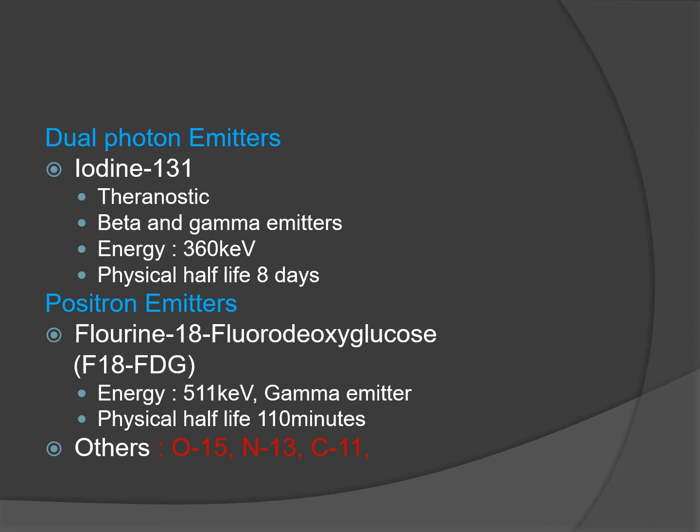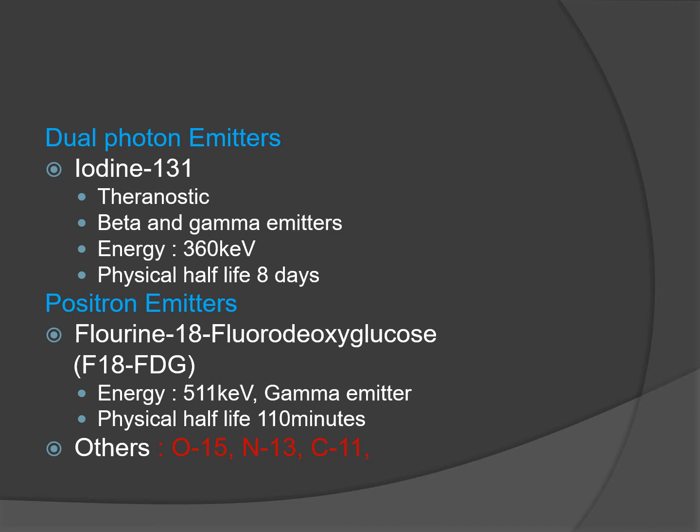Theranostic means that the same element, with the same properties, can be used for therapeutic and also for diagnostic purpose, because it is a beta and gamma emitter. Beta is for the therapeutic and gamma for the diagnostic. The energy is quite high, 360 keV, and the half-life is about 8 days, and mostly we use iodine 131 for therapeutic purpose.